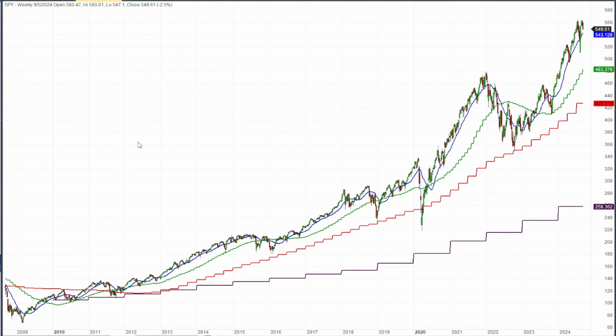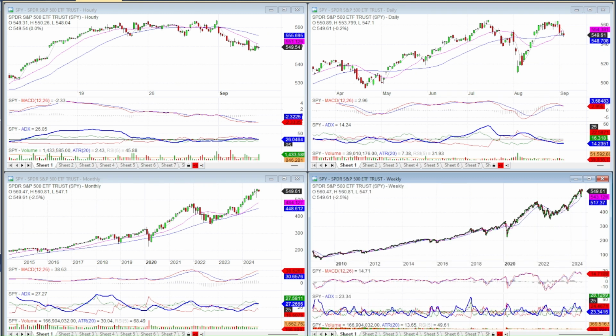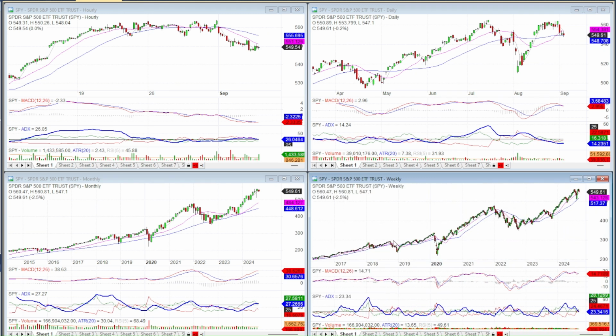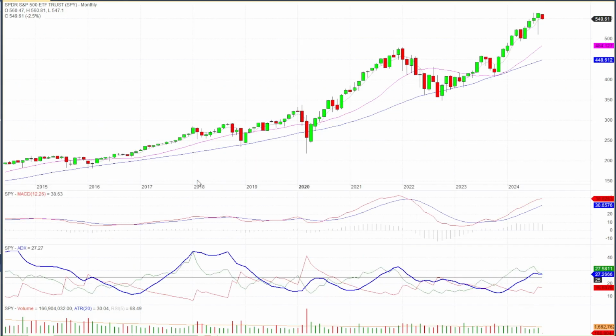All right. So I want to go back now and just look at a few things related to the trend and momentum. Now, I know last week I did talk about the fact that we were going to close the month and we were going to close it pretty strong. But one thing I failed to point out is that we had kind of a questionable bar here.